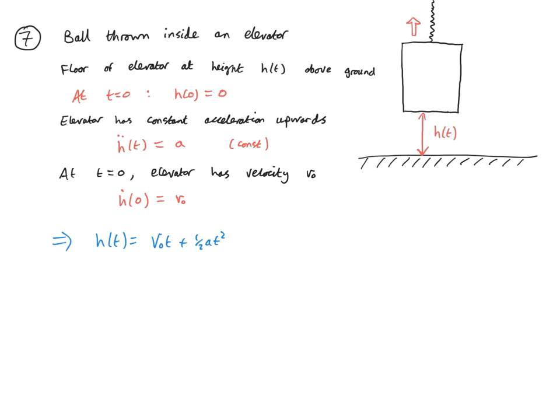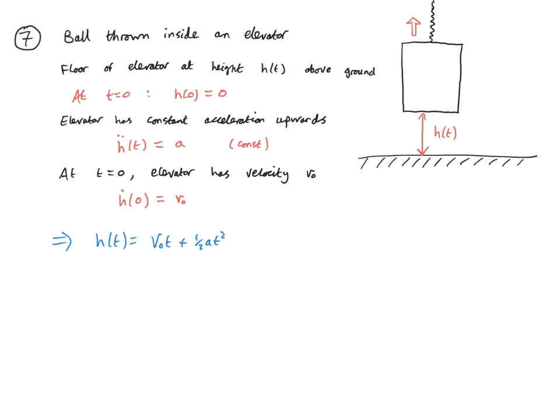I get that simply by integrating this expression for h double dot twice and using these boundary conditions that h0 equals 0 and h dot 0 equals v0 to fix the two constants of integration. Then I find this expression for the height of the floor of the lift above the ground as a function of time. Okay, so all of this is not particularly interesting so far, so let's spice it up a bit.